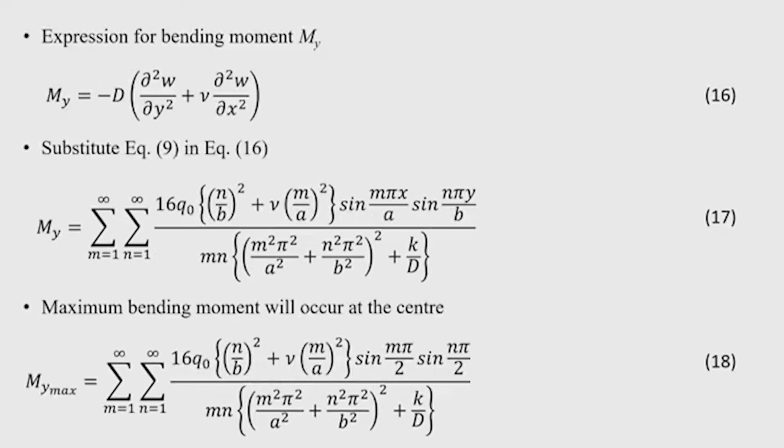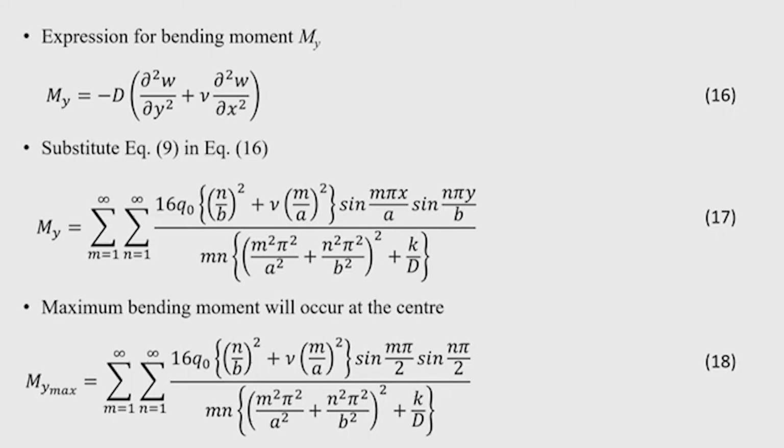Let us see here the bending moment in y direction. Bending moment in y direction is minus D times the curvature in y direction, del square w by del y square, plus mu into del square w by del x square. So, it means that Poisson ratio is important for finding the bending moment.